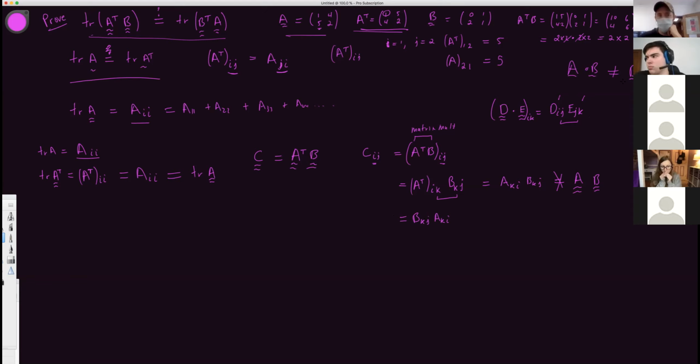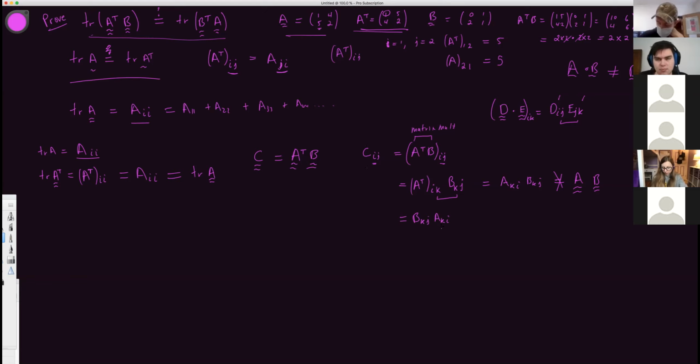That's how matrix multiplication works. But I can move B here because literally it's just one element of B. It's just a number, like 0, 1, 2. So I can move it. That's the power of working with indices: you're working with just one element, not this big matrix that doesn't commute.